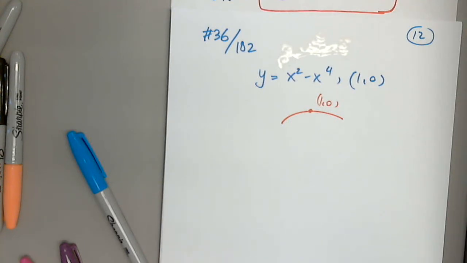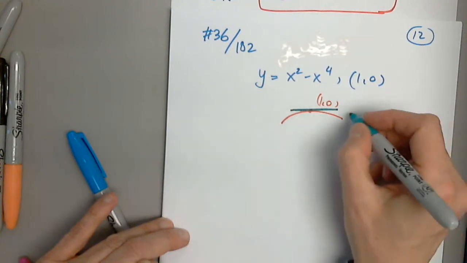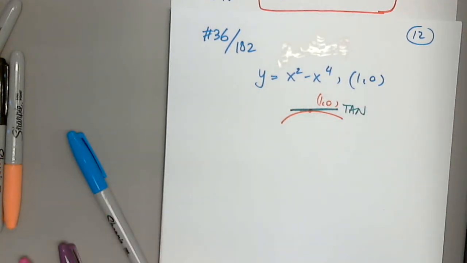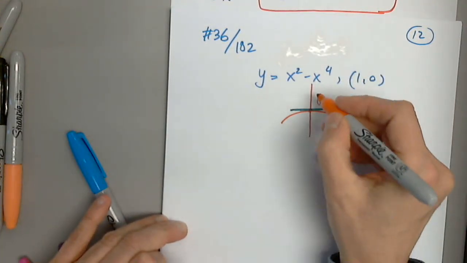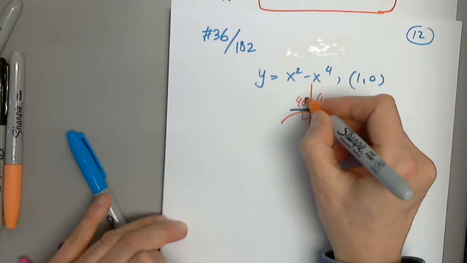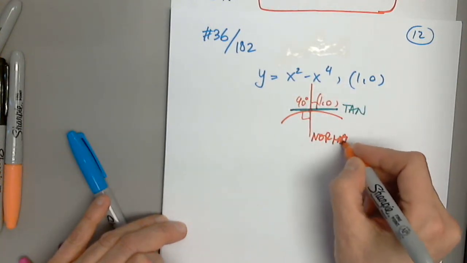At 1 comma 0, we will have a tangent. This is the tangent. And we will have to determine that equation. And we will also have a normal line, which is perpendicular at that point, 90 degrees everywhere. This is the normal line.